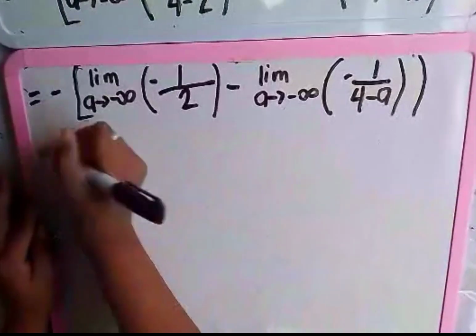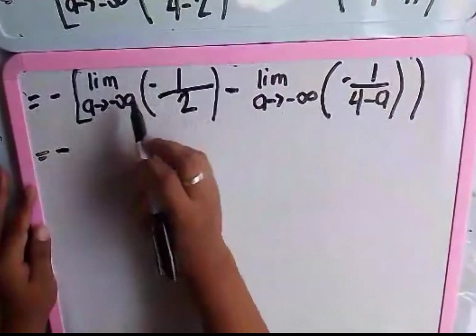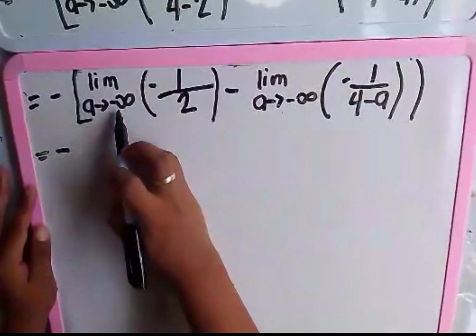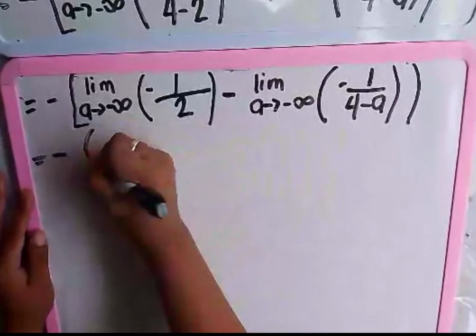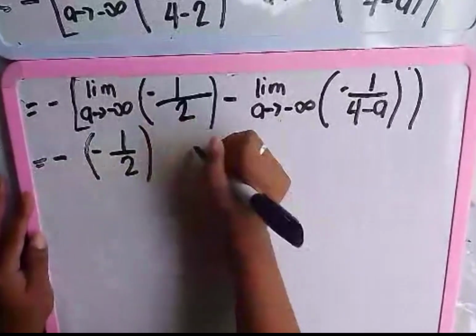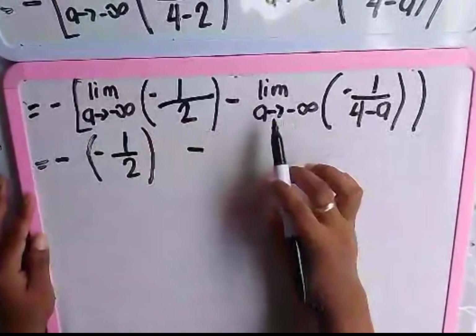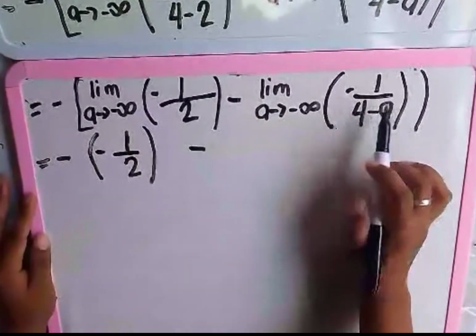And then, we have negative times the limit as a approaches negative infinity of negative 1 half, which is equal to negative 1 half, minus the limit as a approaches negative infinity of negative 1 over 4 minus a.